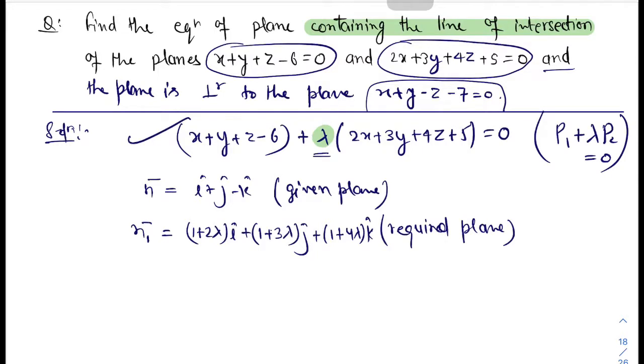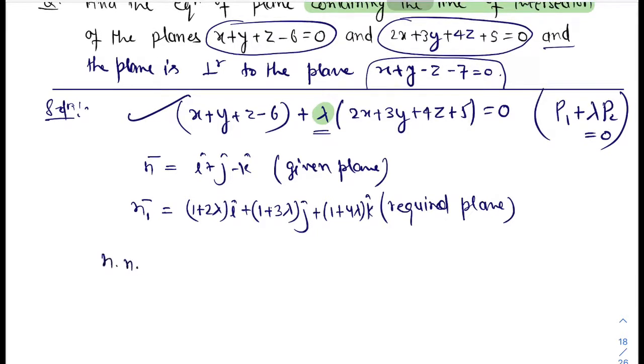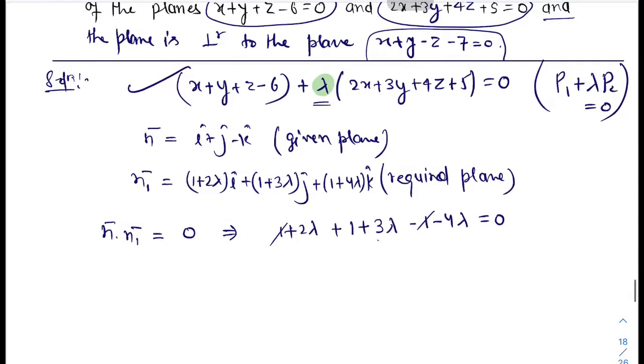The planes are perpendicular, which means their normal vectors must also be perpendicular, so their dot product must be 0. So this will give us 1 plus 2 lambda, then 1 plus 3 lambda, and then minus 1 minus 4 lambda equal to 0. 1 minus 1 gets cancelled, 3 plus 2 minus 4 is equal to lambda, and lambda comes out to be minus 1.